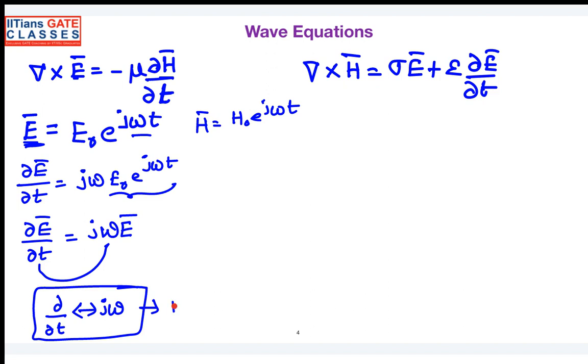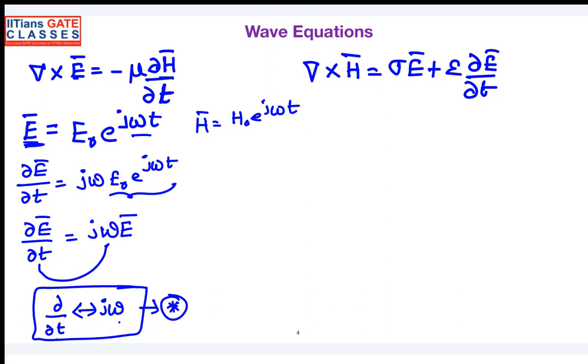So from now onwards, I want to convert all the time domain into frequency domain by changing dou by dou t with j omega. That is what you have studied in your signals and systems, right? Is it same or different? Now you have to remember this point throughout the course.